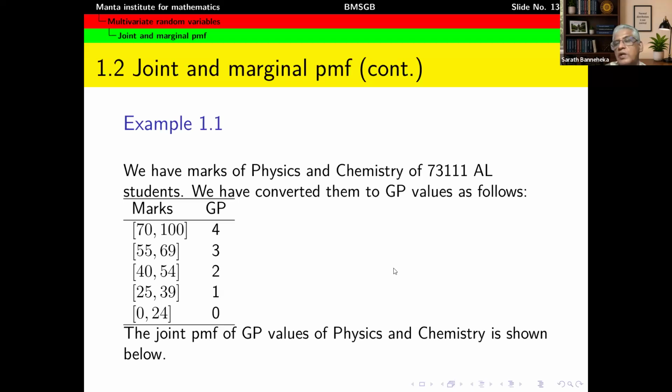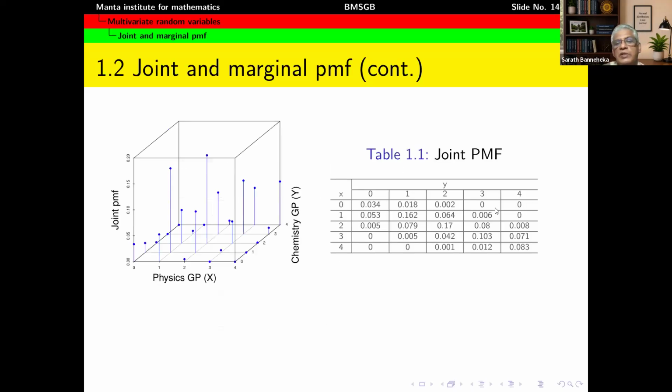How many students have 1 and 0? Like that. Then I divided those numbers by the total number of students to find the proportions. That gives me the proportion of students with 1 and 1, the proportion with 1 and 2, like that. Then I got this table here.